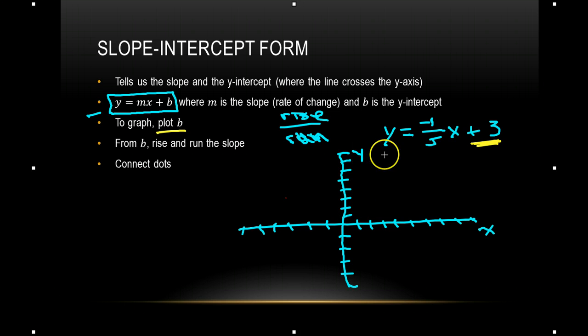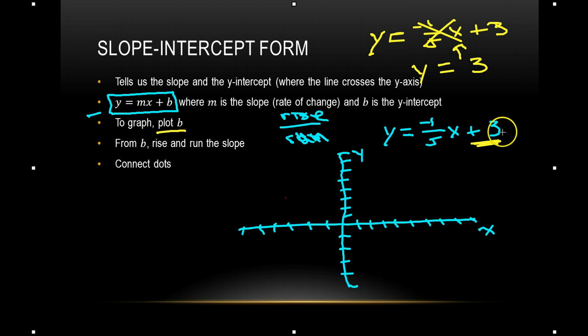In y equals negative 1/5 x plus 3, if I replace x with 0, this term goes away and I'm just left with y equals 3. That's why the number at the end is your y-intercept. So right here, that's the point 0, 3. That's the point where the graph crosses the y-axis.